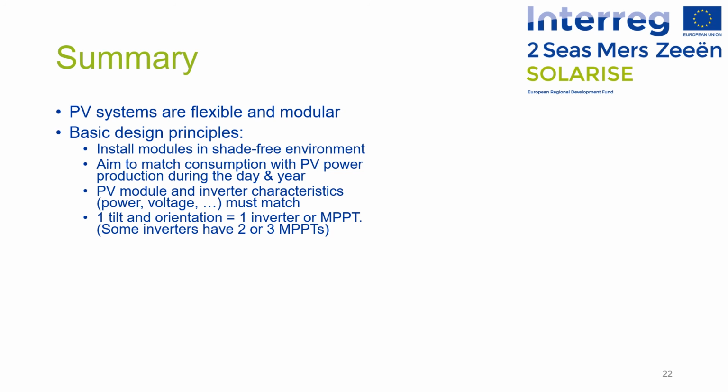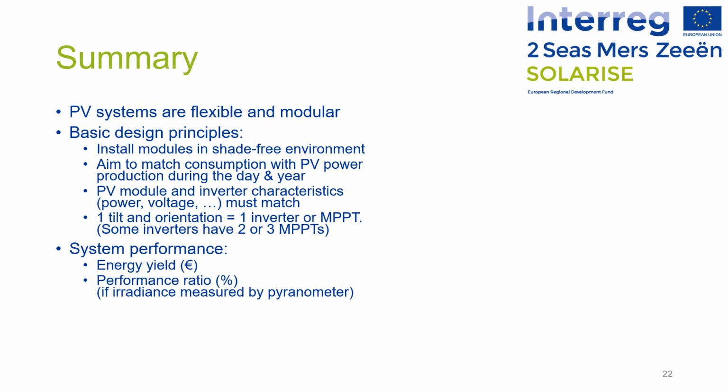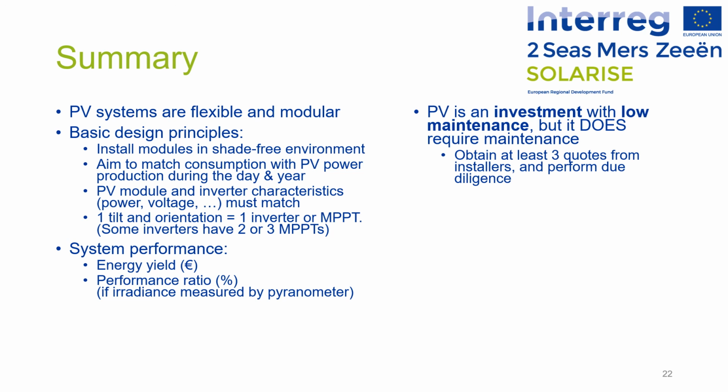And a good rule is to have one tilt and orientation is one inverter or one maximum power point tracker. Some inverters have 2 or more maximum power point trackers, and as such, those inverters can have multiple orientations. As to system performance, there the energy yield and the performance ratio are aspects that need to be investigated and evaluated on a regular basis.